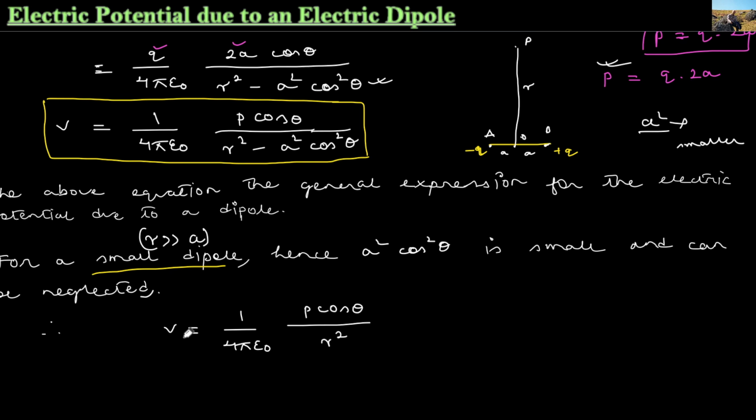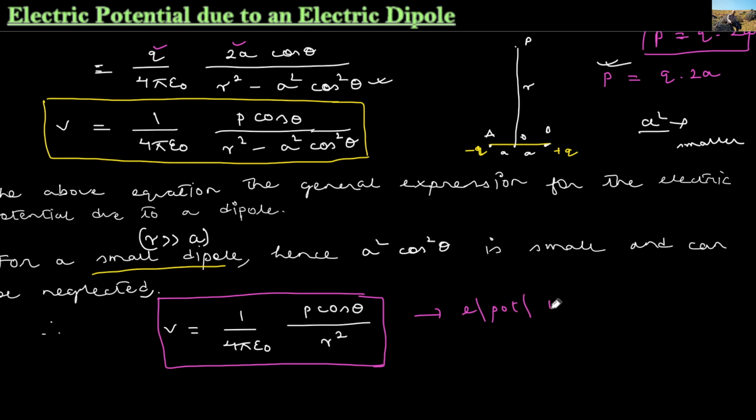This will be the resultant formula for the electric potential due to an electric dipole.